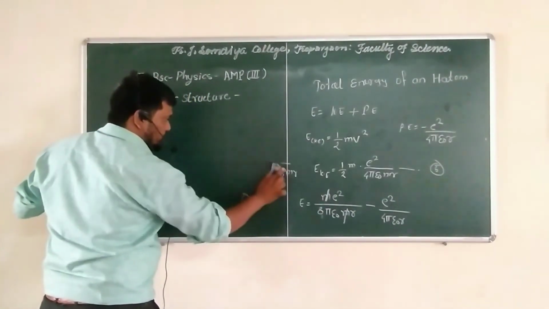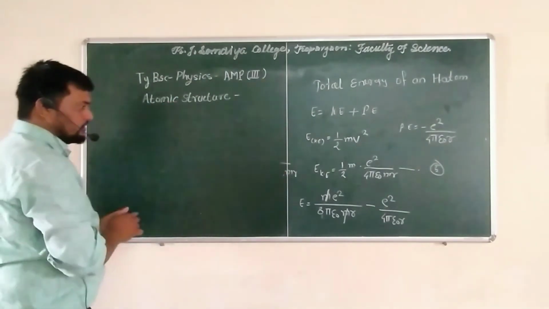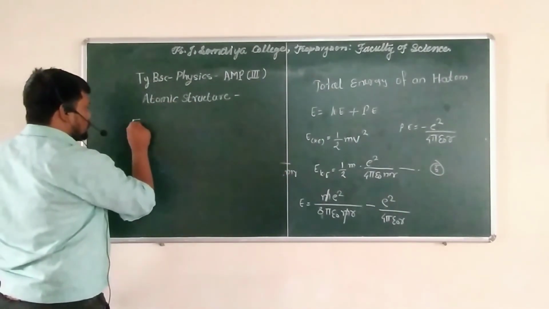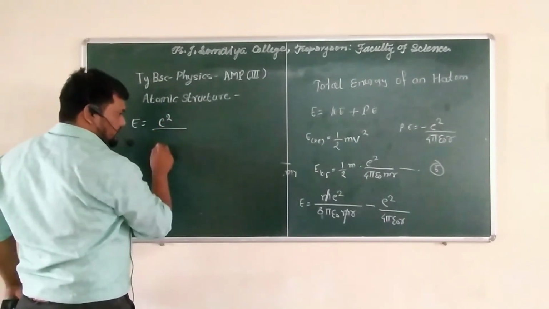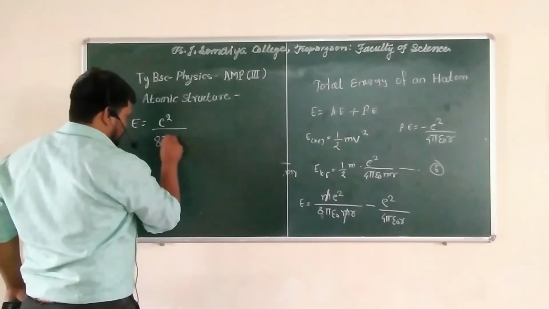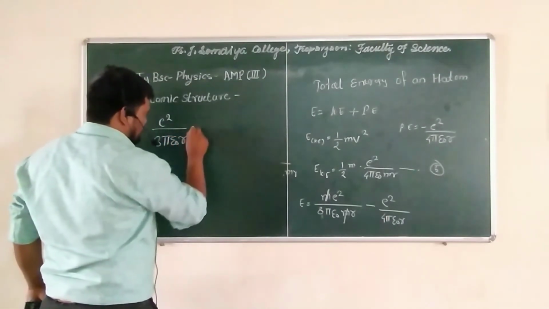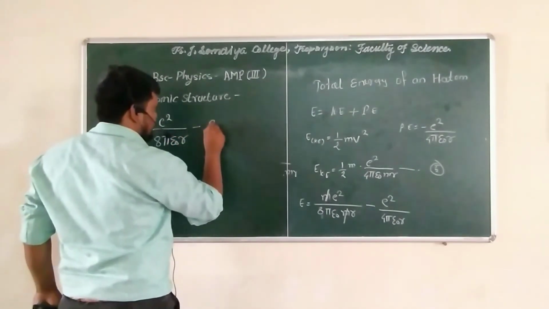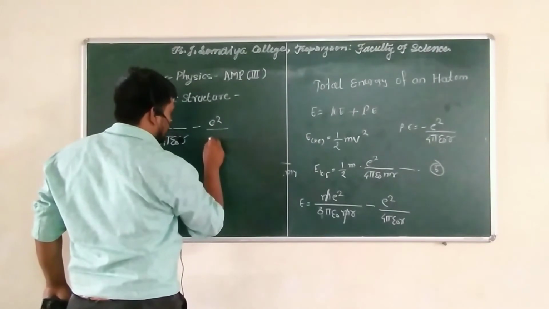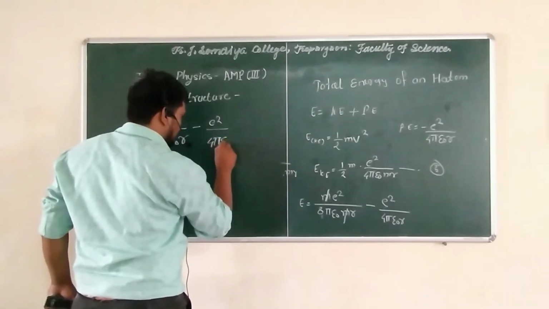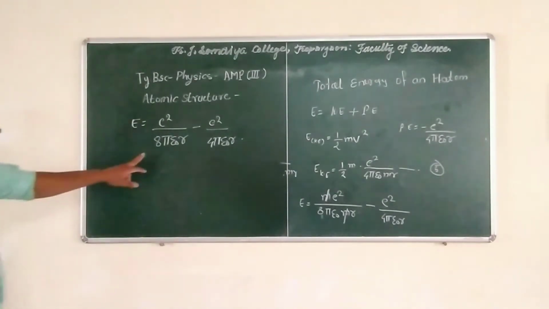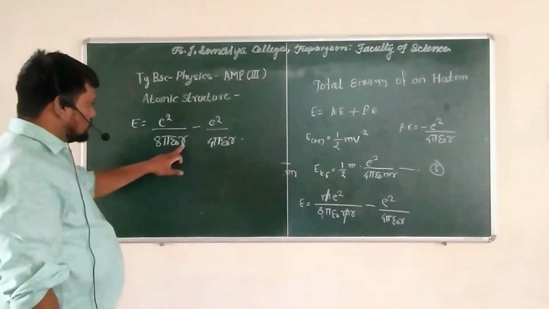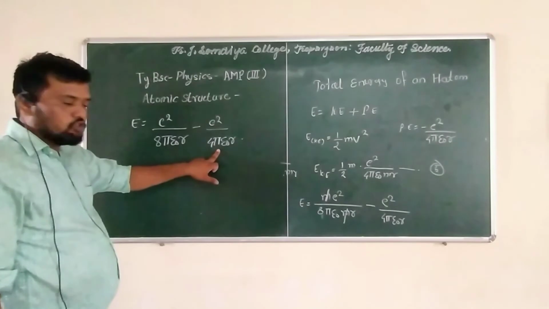So the equation becomes E is equal to e squared upon 8 pi epsilon naught r minus e squared upon 4 pi epsilon naught r. Here the denominator is 8 pi epsilon naught r, and here it is 4 pi epsilon naught r.